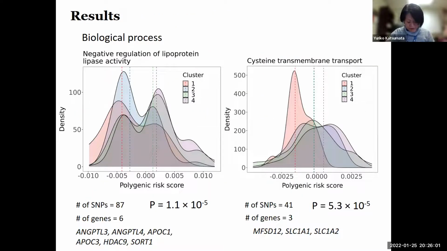In biological process, the top pathways were negative regulation of lipoprotein lipase activity and cysteine transmembrane transport. However, these pathway-specific polygenic risk scores were not significantly different among the clusters after Bonferroni correction.